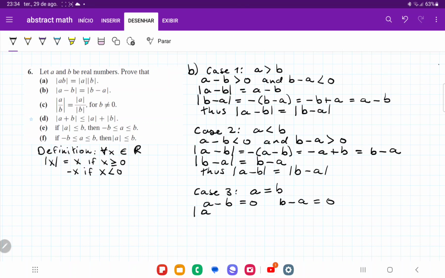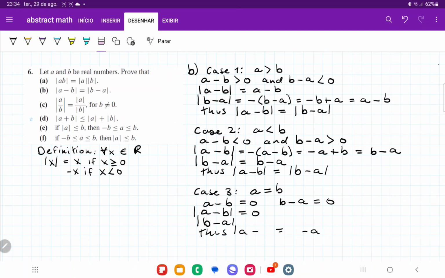So the absolute value of A minus B is going to be equal to 0. The absolute value of B minus A is also going to be equal to 0. Thus, they are the same. Okay, and so we have shown in every possible case that what we wanted to prove is true. So that's it for item B.